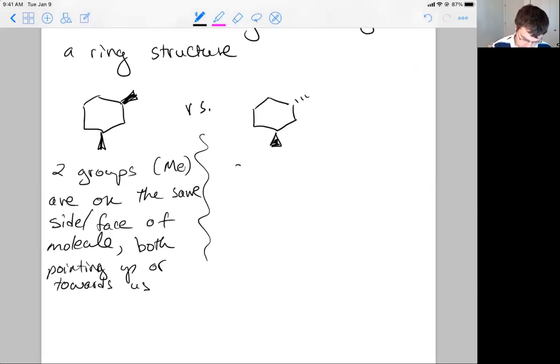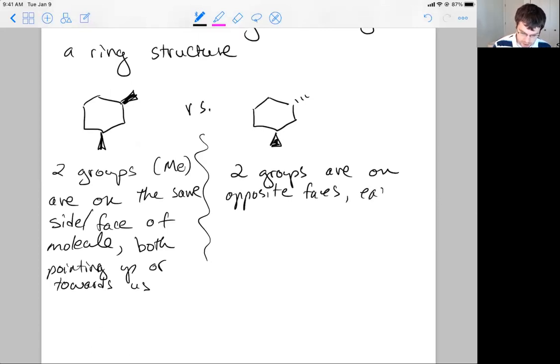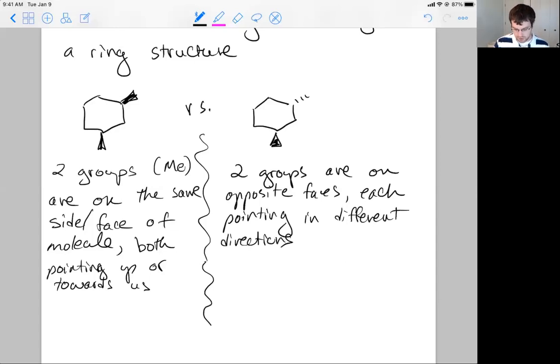Alternatively, in the other example, the two groups are on opposite faces, and they are each pointing in different directions. In the case of the two groups pointing towards us, we would say that relatively speaking, they're on the same side, same face, or having the cis relative configuration. They're cis to each other. So cis, relative configuration.